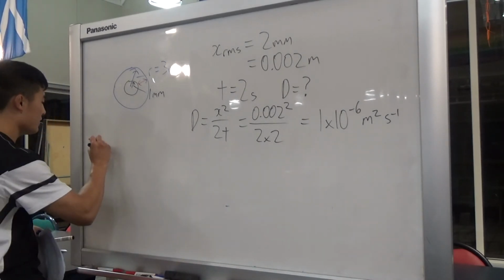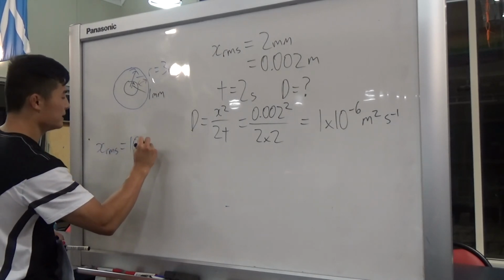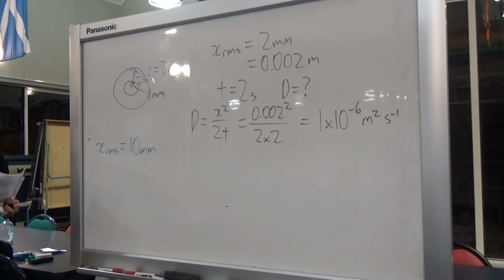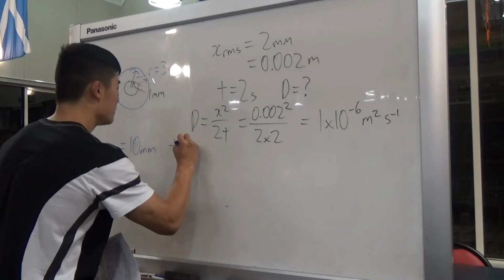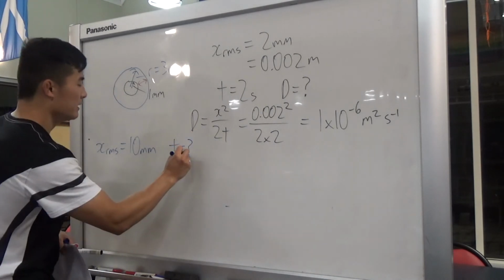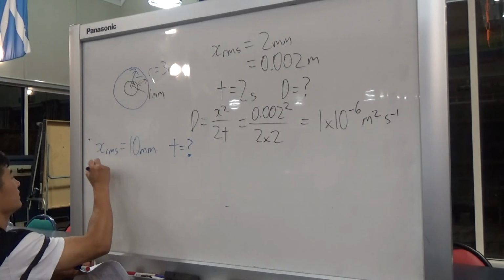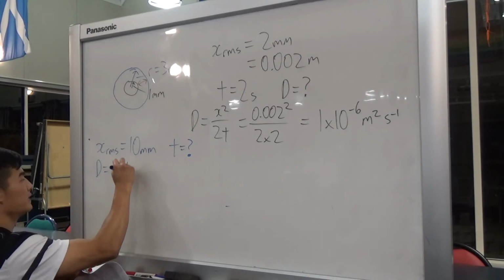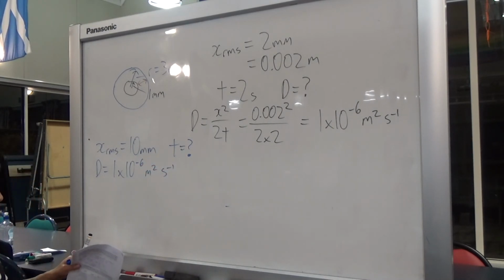So now the x RMS is equal to 10 millimeters, the average distance traveled, and we want to find out the time. Okay, and the diffusion constant will be the same. So D is equal to 1 times 10 to the negative 6 meters squared per second.